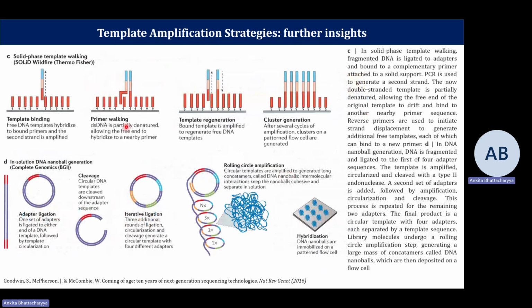When we talked about other strategies for template amplification, if you remember, in solid phase template walking, the fragmented DNA gets ligated to adapters. Again, the initial part is the same, and then it is attached to a solid support, like I previously mentioned. Then PCR can be utilized to generate a second strand, which is partially denatured, allowing the free end of the original template to drift and bind to the other nearby primer sequence.